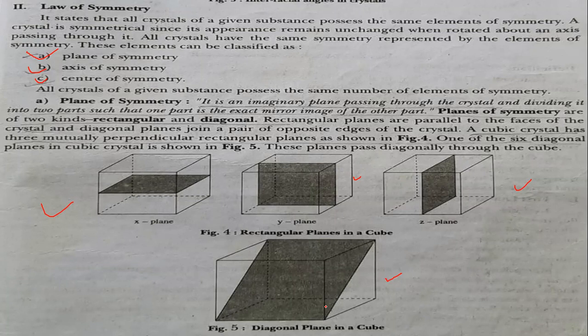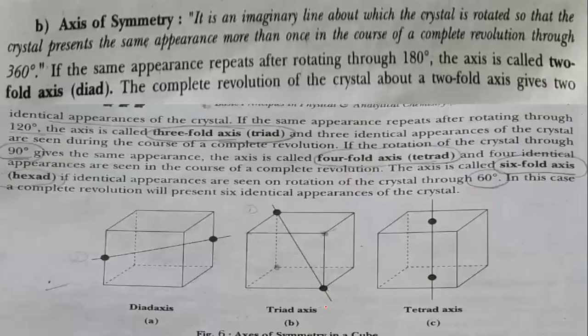Okay. The next concept is the axis of symmetry. See here, it is an imaginary line. If you put an axis over here, which is already shown, and rotate it, after each rotation you will get a similar image or a similar kind of structure.